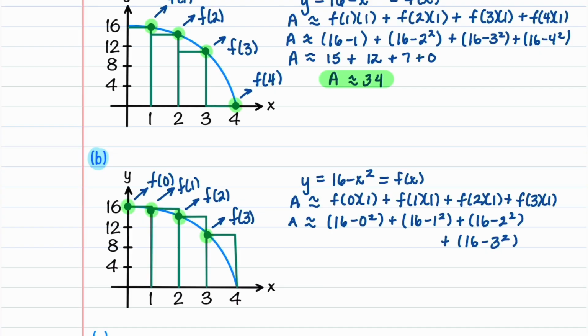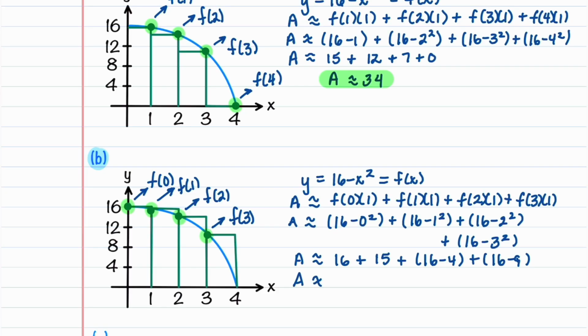Our area is then approximately 16 plus 16 minus 1 is 15. And then we have 16 minus 2 squared, so we'll write that down as 16 minus 4. And then our last one, we have 16 minus 9.